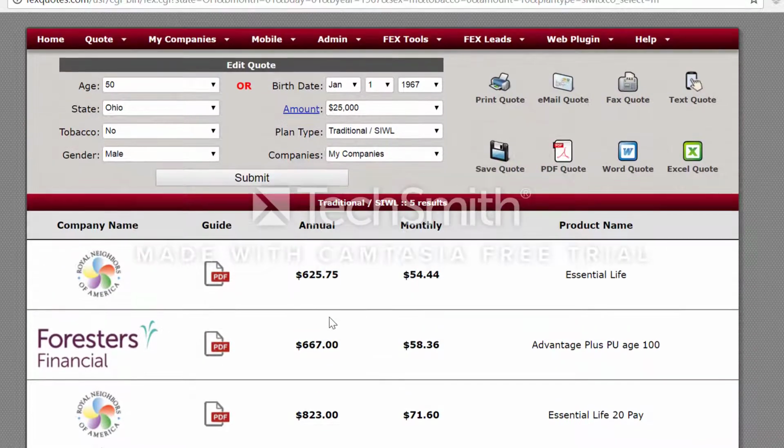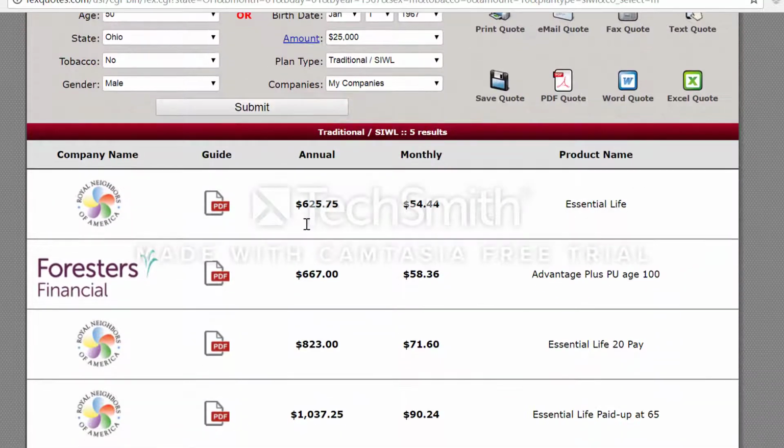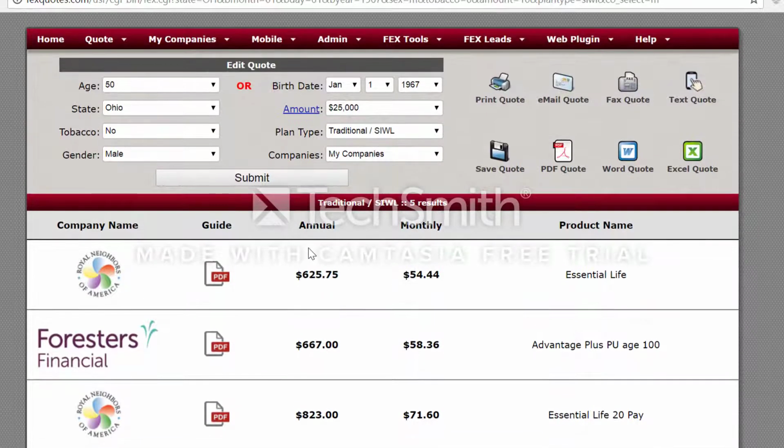So if you're looking for something, increase the face amount. They may have a minimal amount that they make your client get in order to get the policy. So Foresters, the Advantage Plus, it has to be a minimal of 25,000. That's as low as they'll go. So that's why it's not populating. So just play around with it for a little bit.